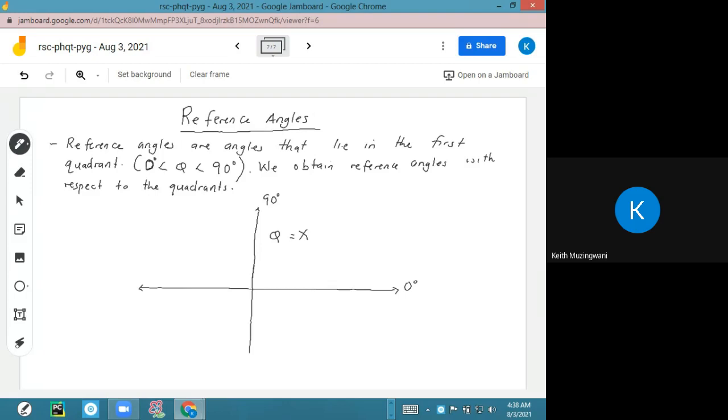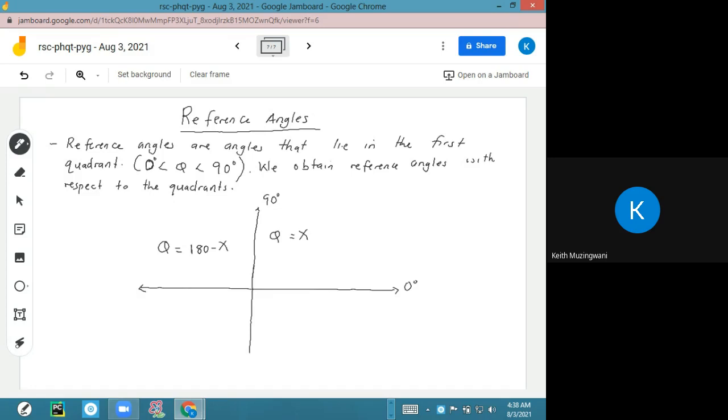But if you are given x in the second quadrant and they ask you to find the reference angle theta of x, you say theta is 180 minus x. Remember, our target is to find theta that lies between 0 and 90.